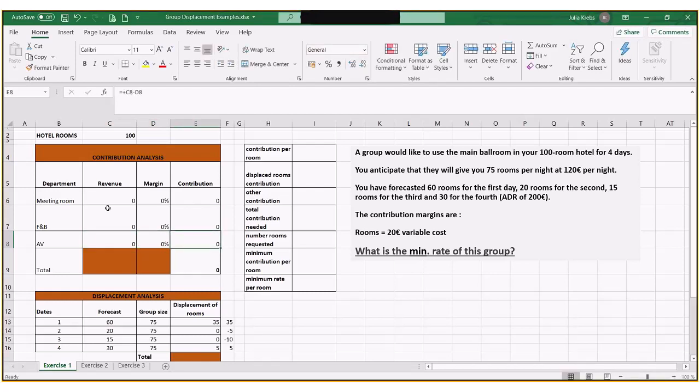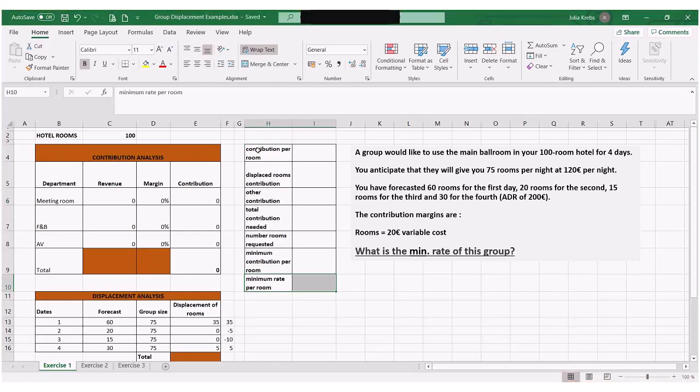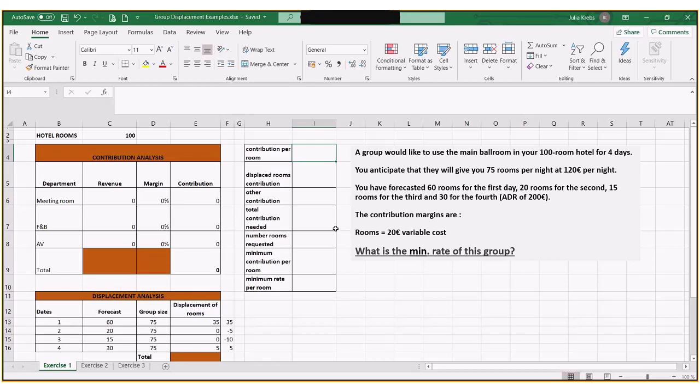Now the big question is: is the contribution from their room nights enough for us to cover the transients? That's how we're going to find out, with these steps here, in order to calculate the minimum rate. First we find out the contribution per room, meaning the contribution that we would receive from every transient booking. How do we find that out? We take the ADR, which is 200, minus our variable cost of 20 euros per room, so 180.